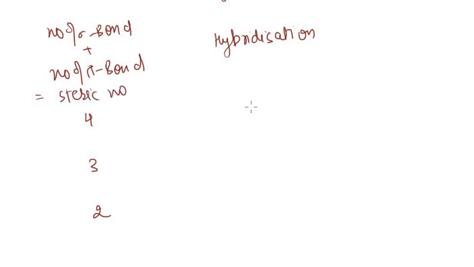If the steric number is 4, hybridization is sp3; steric number 3, hybridization is sp2; steric number 2, hybridization is sp. We do not go beyond 4 in organic, because in organic, in most cases we will be finding the hybridization of carbon, and it does not have any empty d orbital, so it cannot expand its valency greater than 4.